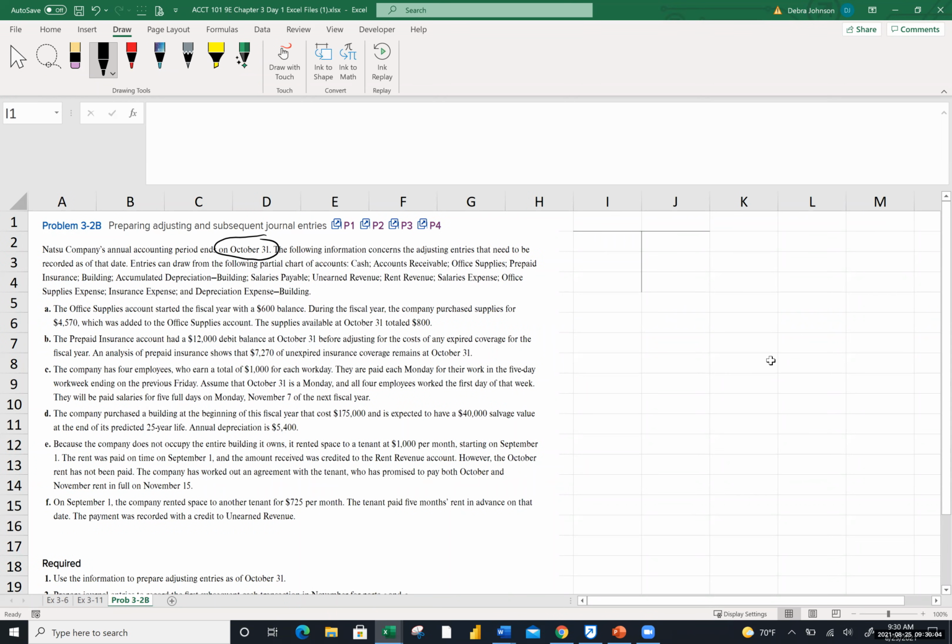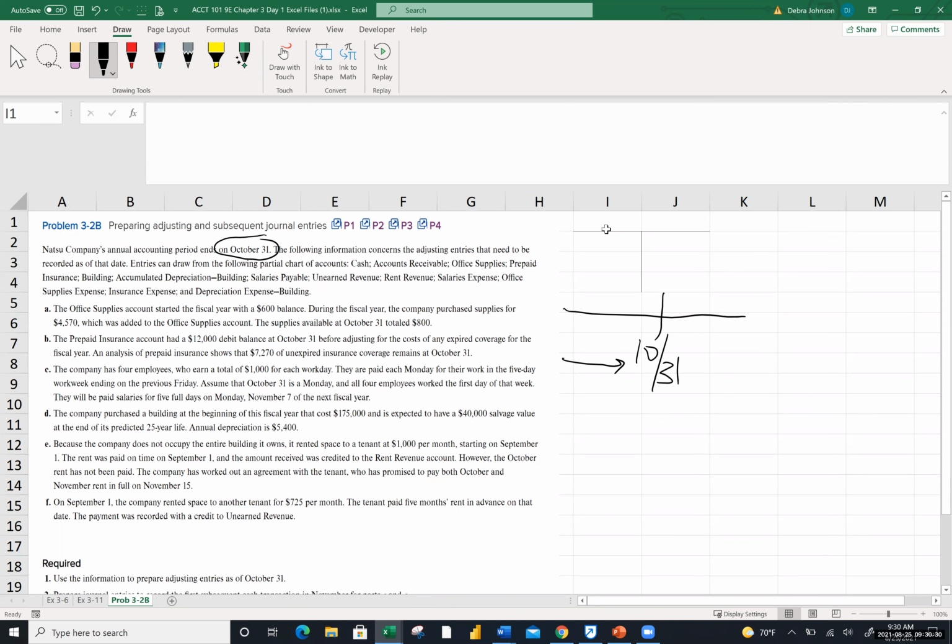All right, so fiscal year 12/31, I might just draw myself a picture because sometimes I need to think through depending on the wording of these. So we have a fiscal year that ends at 10/31 and a new one that starts on 11/1. Keep that in mind. Okay, they give us a partial listing of accounts, and letter A talks about the office supplies account.